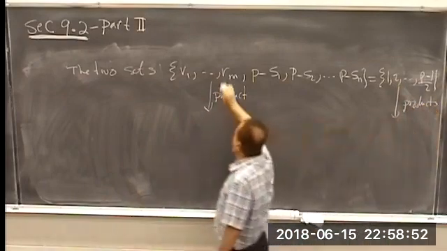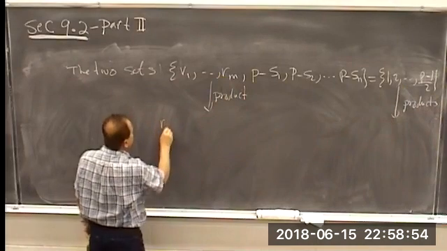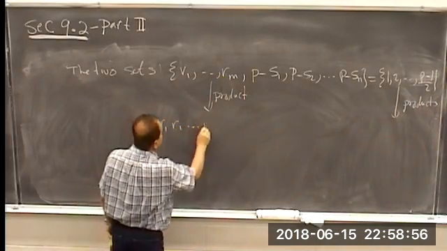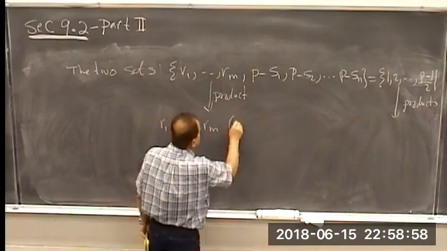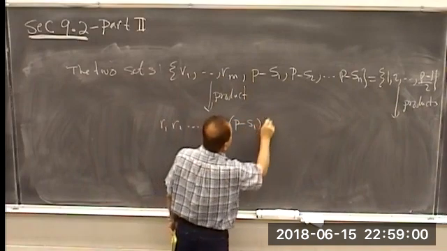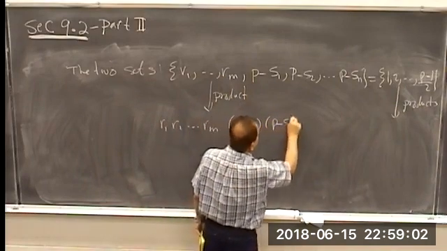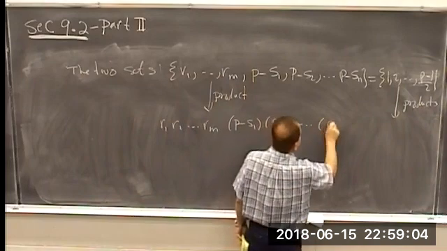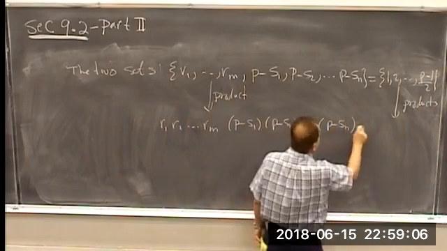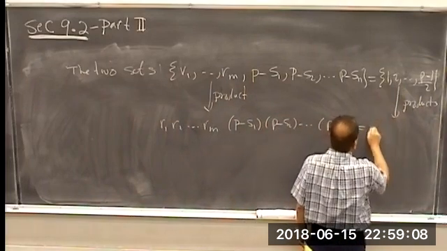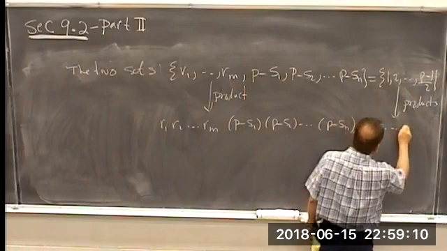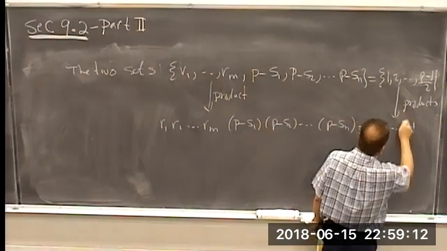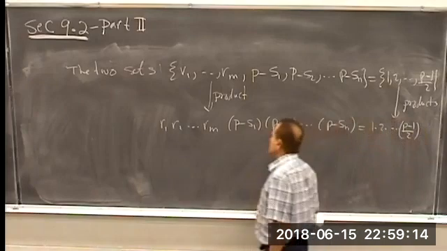Let's write the product, which is R1, R2, up to Rm, and then (p−S1)(p−S2) up to (p−Sn), is equal to this product. And here we have equality.